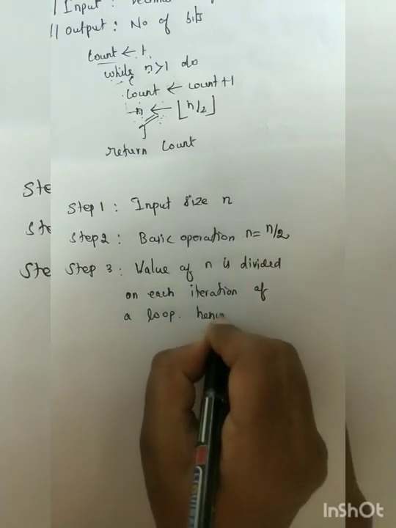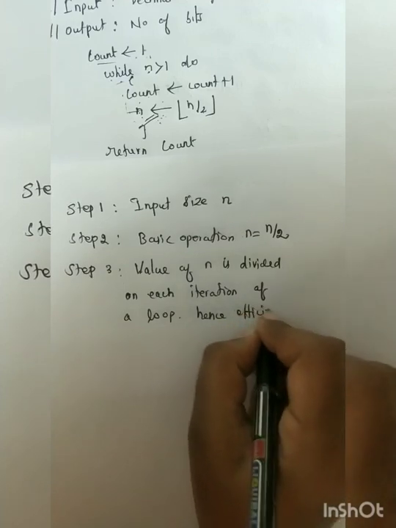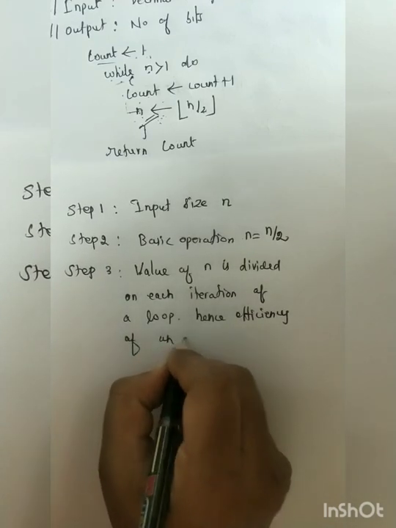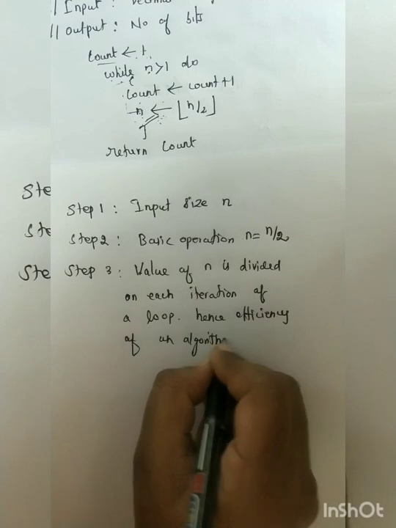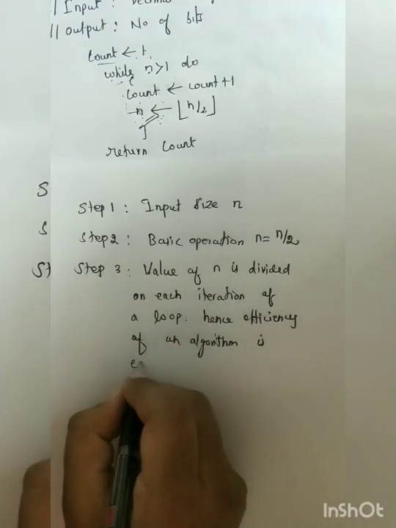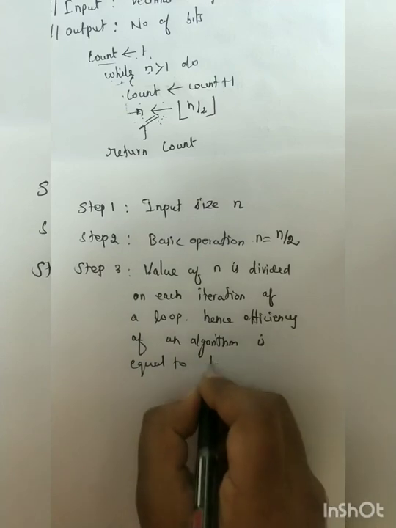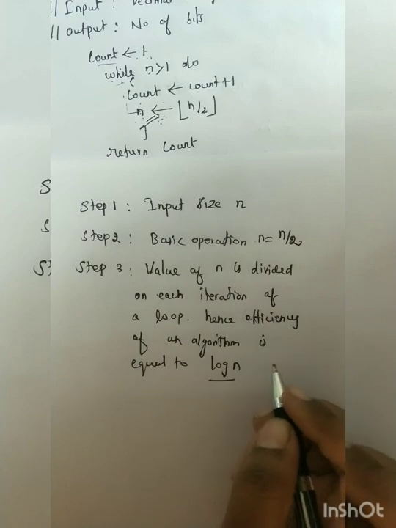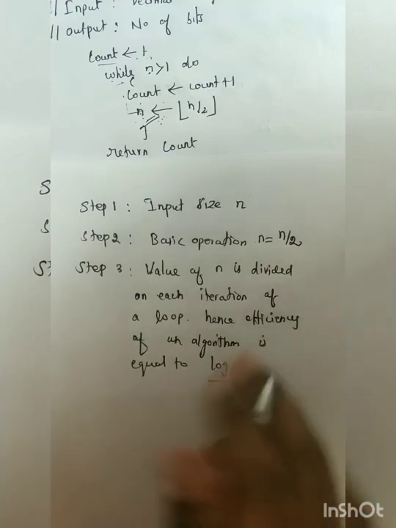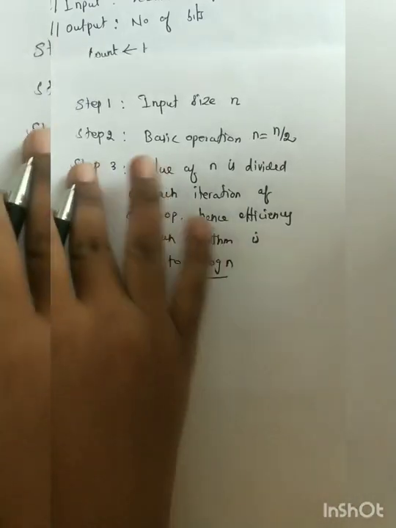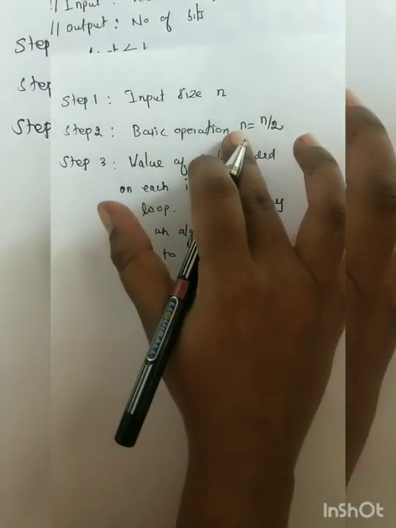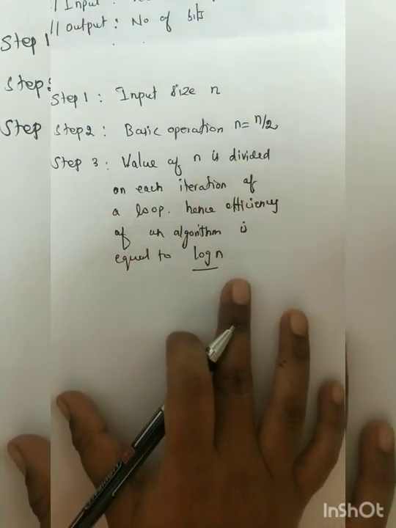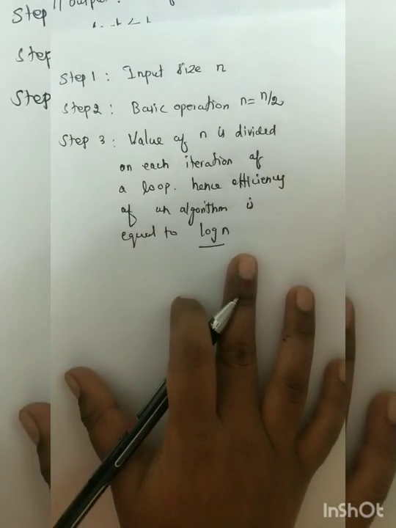Hence, the efficiency of the algorithm is equal to log n. Whenever you divide the input size by 2, the time complexity is log n. In the first iteration you divide by half, in the next iteration again divide by half. So when the input is divided, the time complexity will be log n.